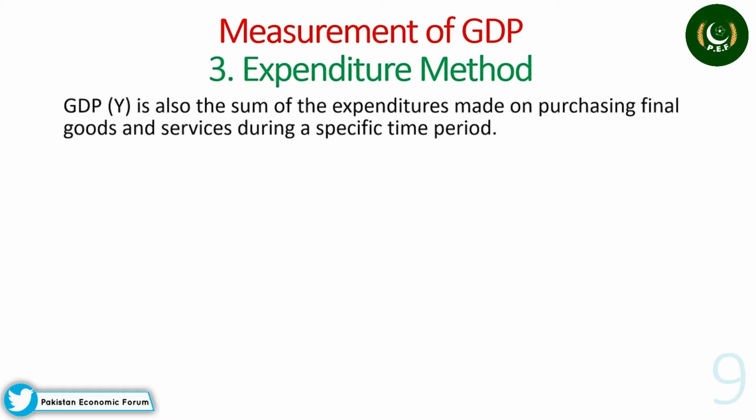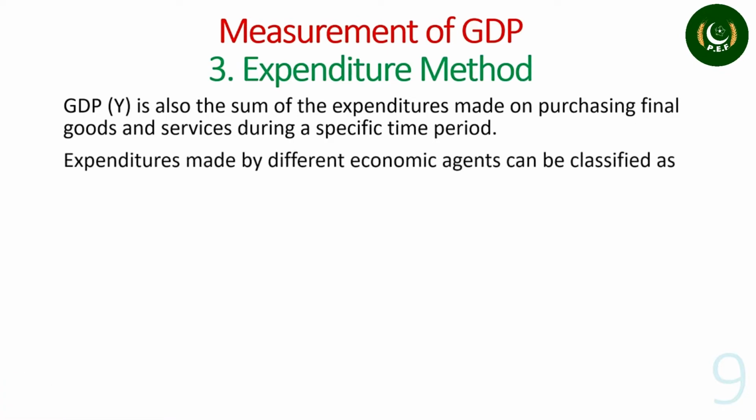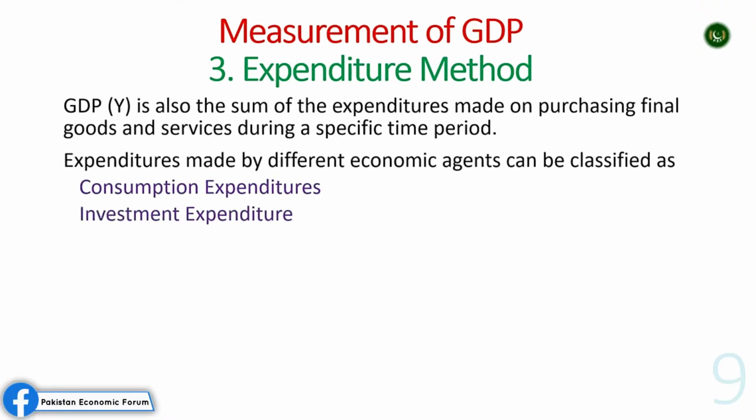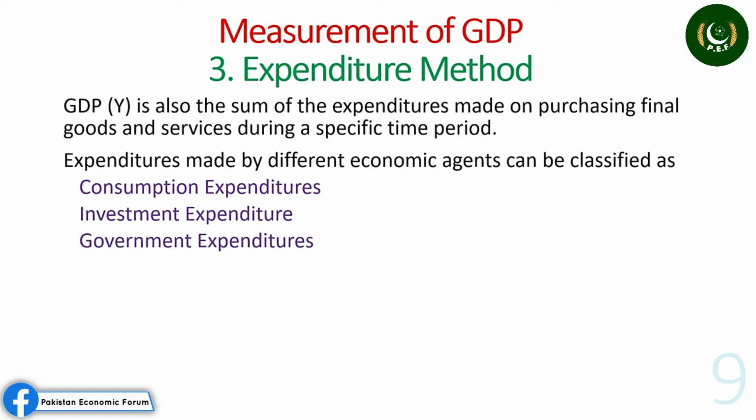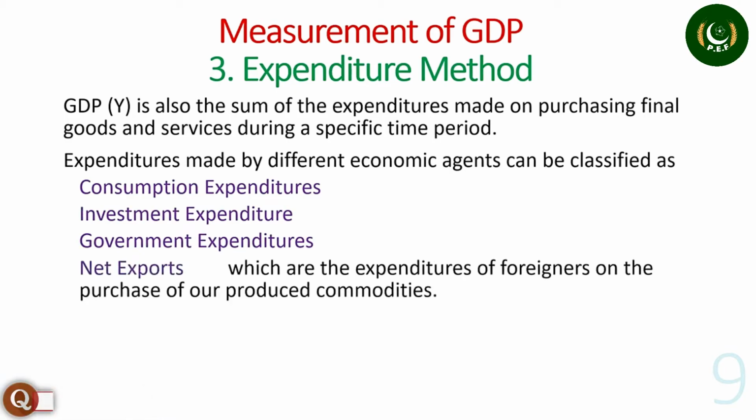Expenditures made by different economic agents can be classified as consumption expenditure, investment expenditure, government expenditures, and net exports, which are the expenditures of foreigners on the purchase of our produced commodities. So adding up all the expenditures gives us the value of GDP.